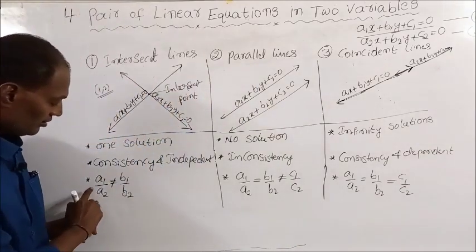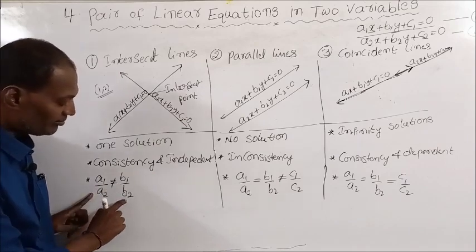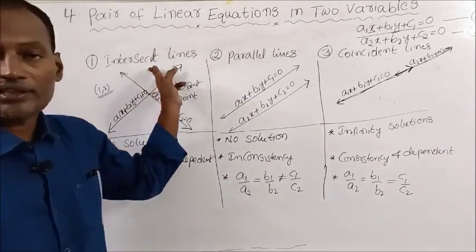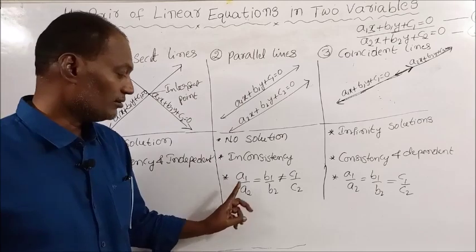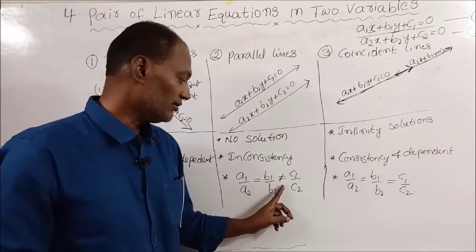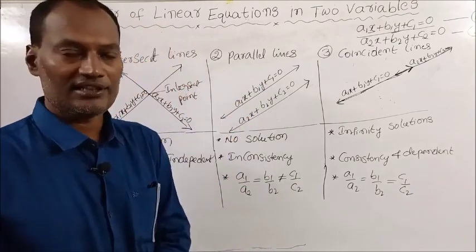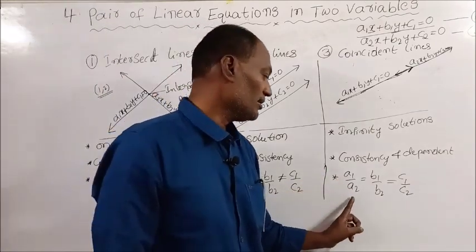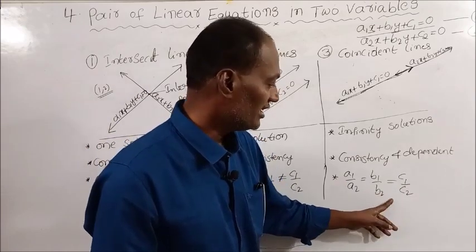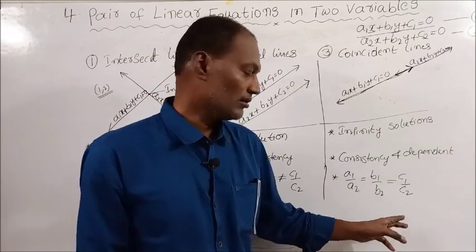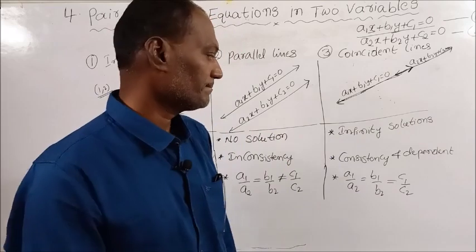If a1 by a2 is not equal to b1 by b2, then we can call them intersecting lines. If a1 by a2 is equal to b1 by b2 but not equal to c1 by c2, we can call them parallel lines. If a1 by a2 is equal to b1 by b2 equal to c1 by c2, if the question is given like this, we can call them coincident lines.